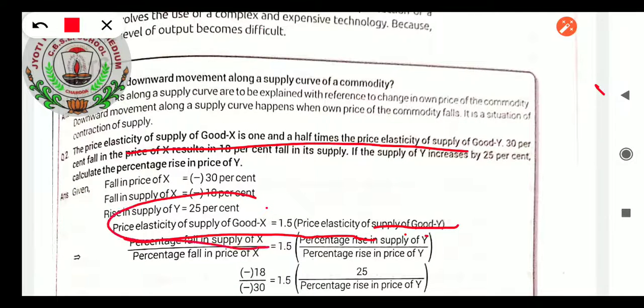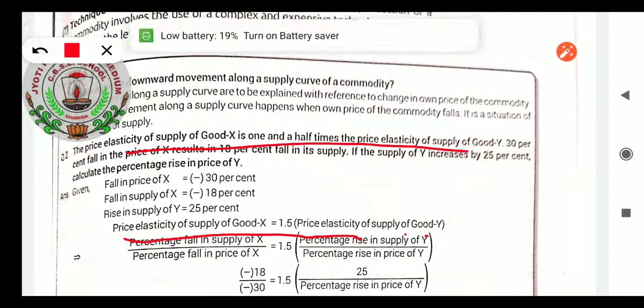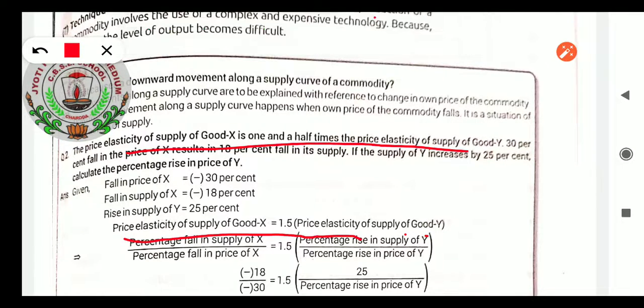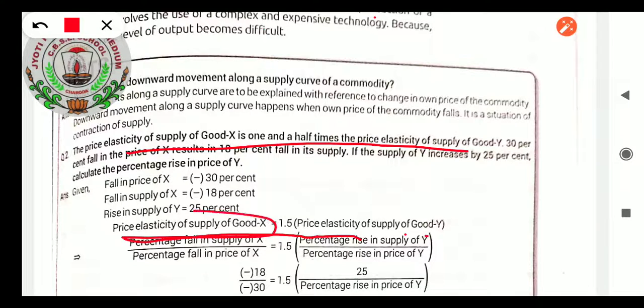Price elasticity of supply of goods X equals, if we see the formula, percentage fall in supply of X divided by percentage fall in price of X. Here we are seeing change in S upon S whole divided by change in P upon P, into 100.